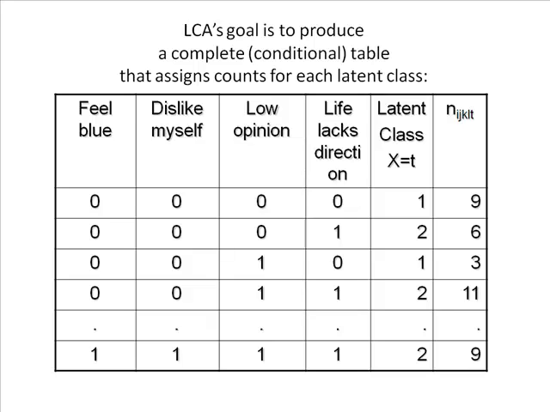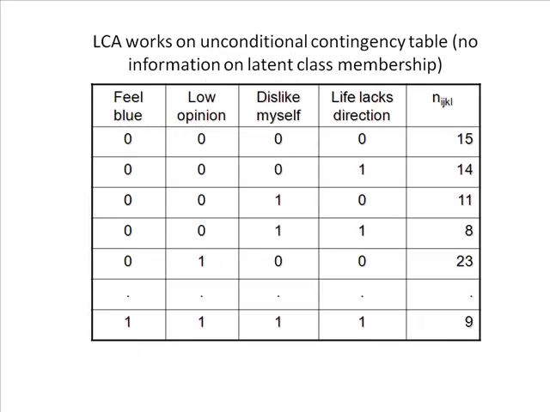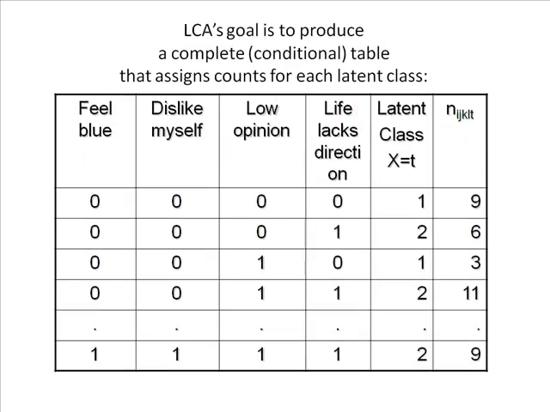So for this particular combination of 4 zeros on each of these characteristics, I expect, given my model, that there are only 9 people in latent class 1, which means that given there are 15 people in total with these characteristics in the data, I expect there will be 6 people in latent class 2.